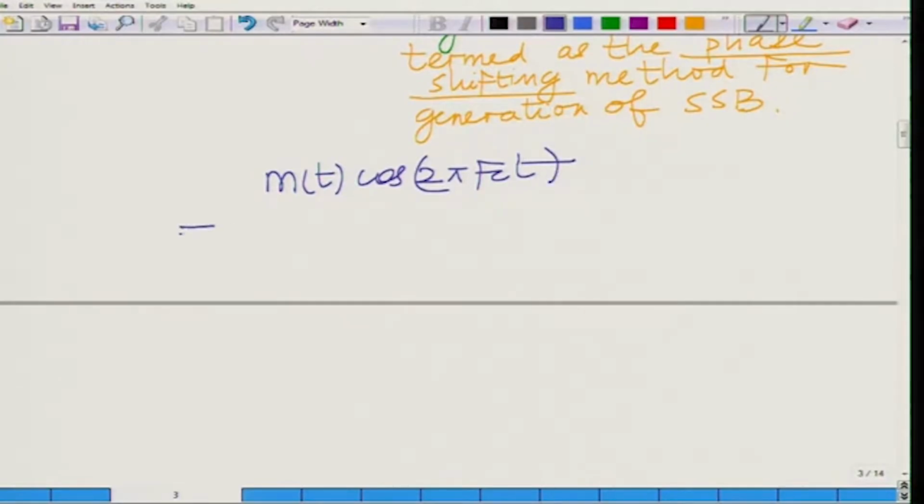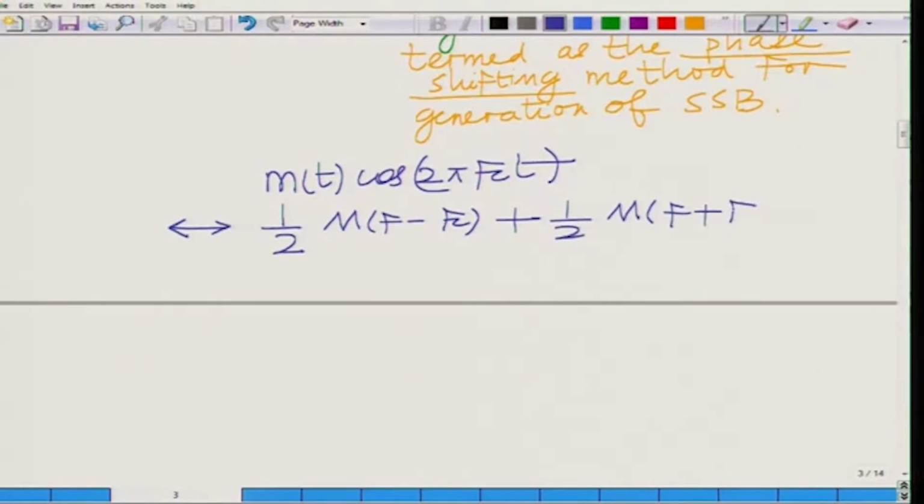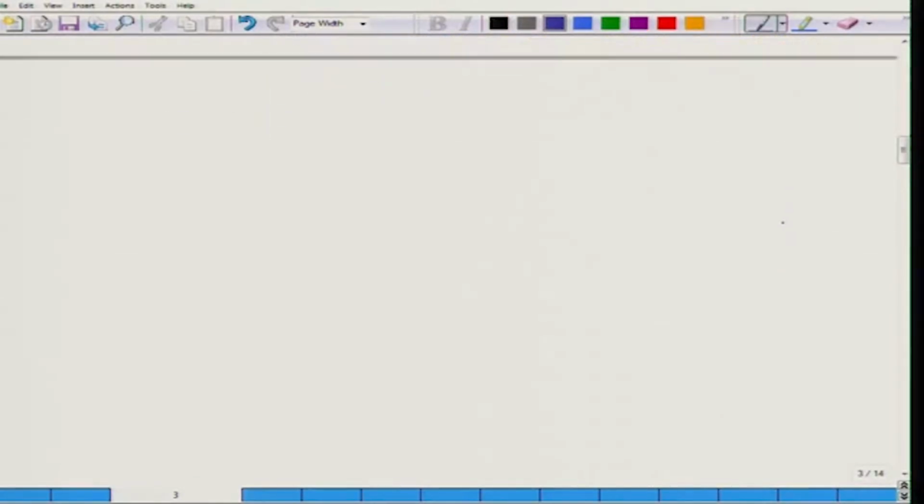We have already seen this is simply the double sideband suppressed carrier signal, which has spectrum half M(f minus f_c) plus half M(f plus f_c), that is, the spectrum M(f) shifted to f_c scaled by half, and shifted to minus f_c scaled by half. So, each of the sidebands is scaled by half.